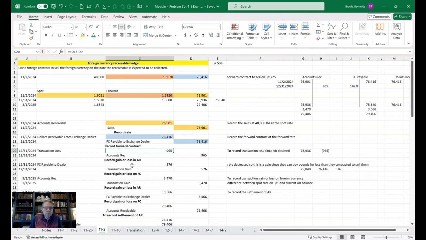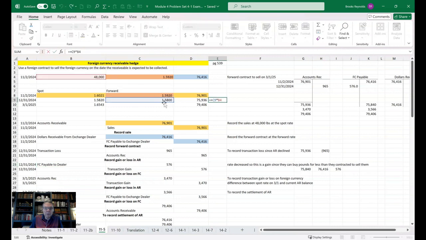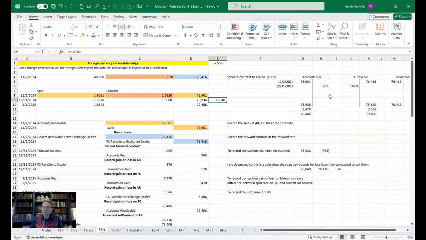The other thing we have, of course, is the 48,000 pounds that we are going to give the dealer. Now, this is tied to the forward rate. So we're going to look here, and the 75,840, you can see the 48,000 pounds times the 1.58 rate. All right. So our payable is going to be the opposite direction because our payable is going to be less. Okay, we have a receivable that's less, but we also have a payable less.